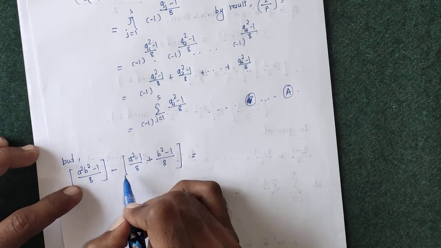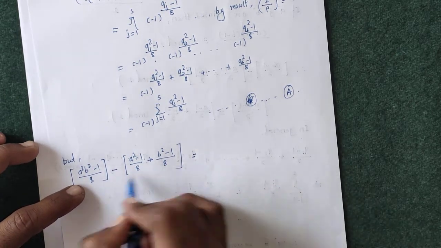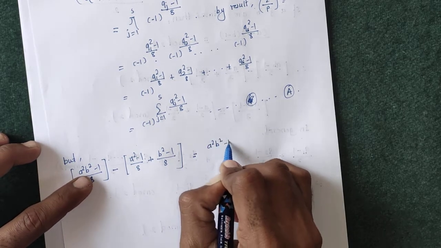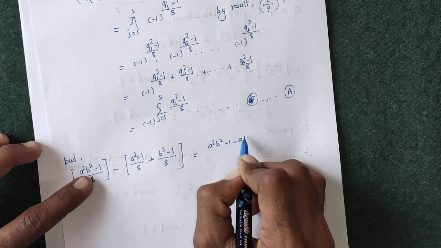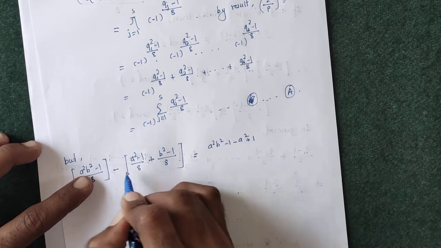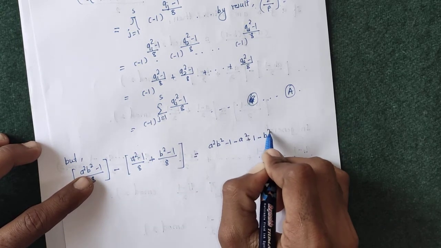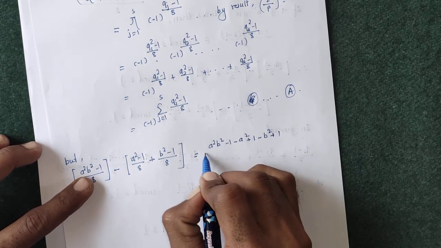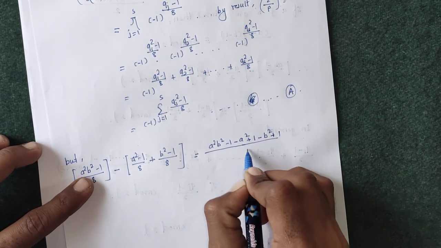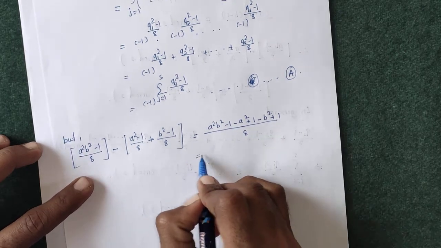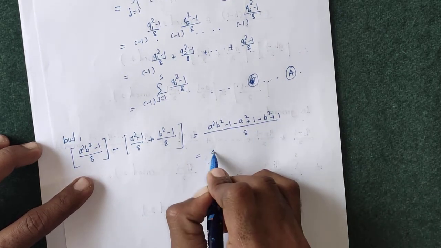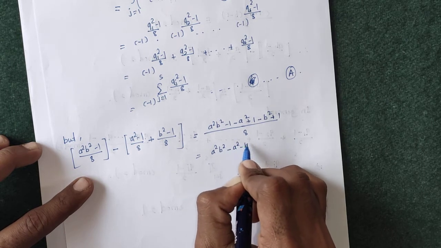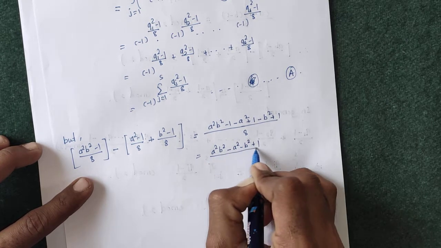Now, similarly, here if we take 1 by 8 common, then we will get a square b square minus 1, minus a square minus 1, and again minus b square minus 1, all divided by 8. Now, this minus 1 plus 1 gets cancelled. So, the remaining terms are a square b square minus a square minus b square plus 1 divided by 8.